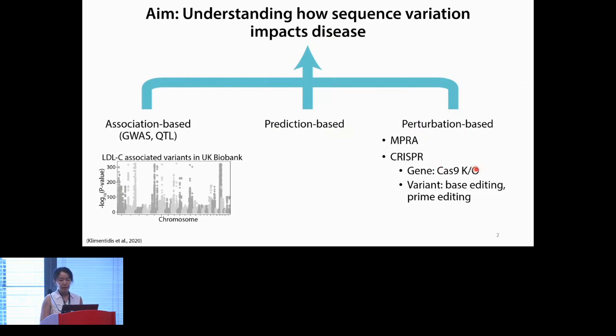And because we were interested in the single nucleotide variant, we are focusing on CRISPR-based editing technique here, which currently has higher efficiency than prime editing. So I'll briefly touch on how CRISPR-based editors work.